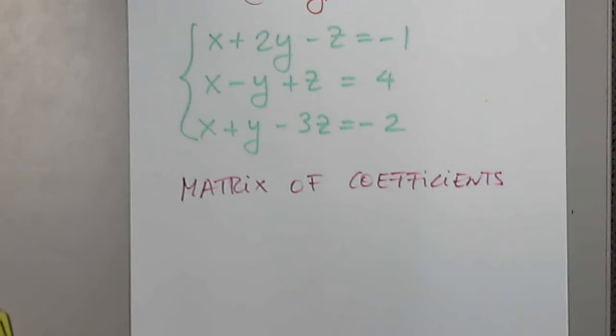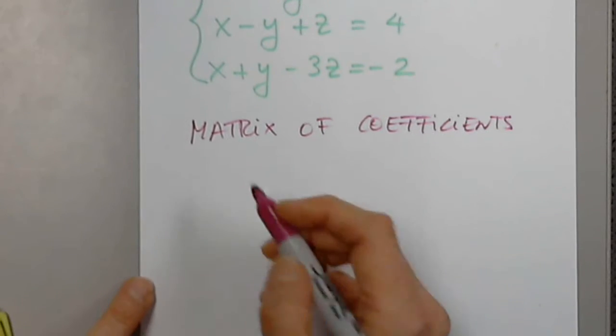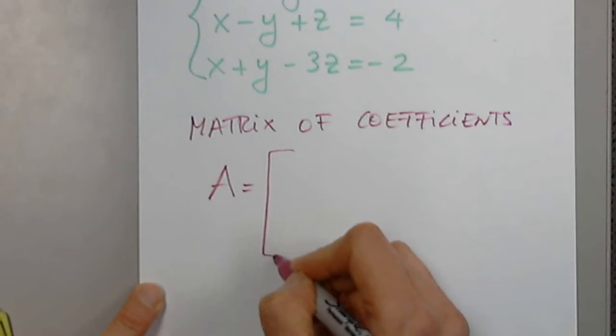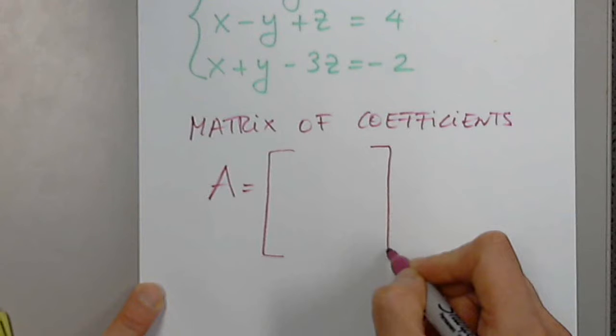So every system has an associated matrix of coefficients. What is a matrix? It's an array of numbers, denoted normally with an uppercase letter, and then brackets.